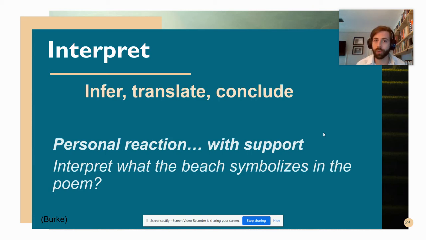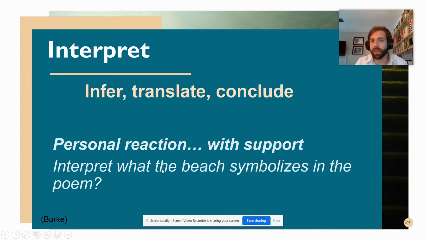The nice thing about interpret is that it's a personal reaction. If I asked you to interpret a symbol, it means that you get to take your own view so long as it has support. I couldn't just make something up and pretend that I'm interpreting it because I have to have my ideas grounded in the thing that I'm looking at.